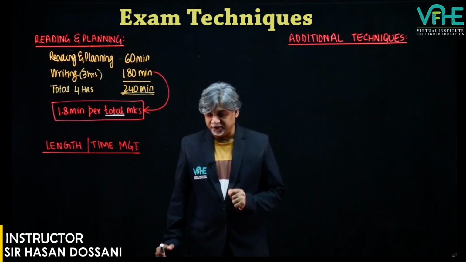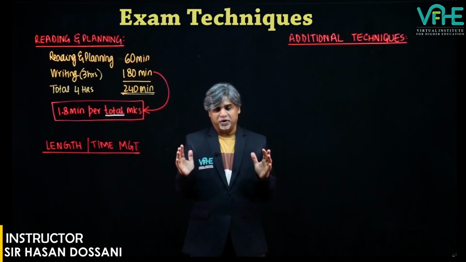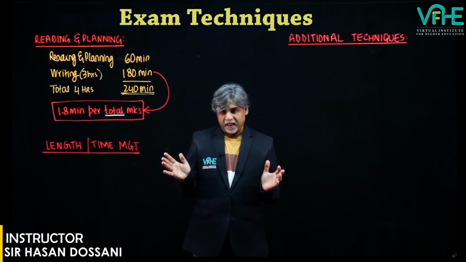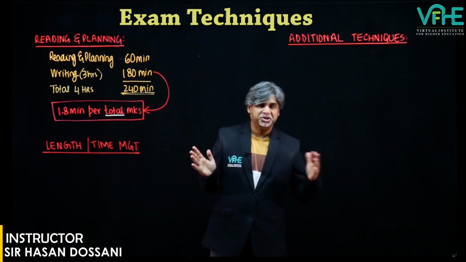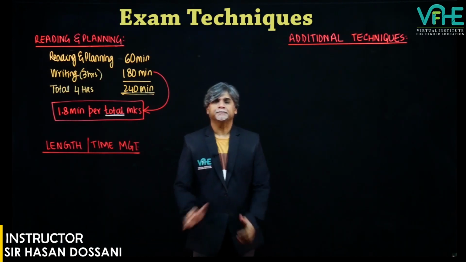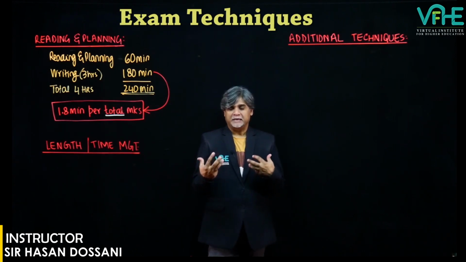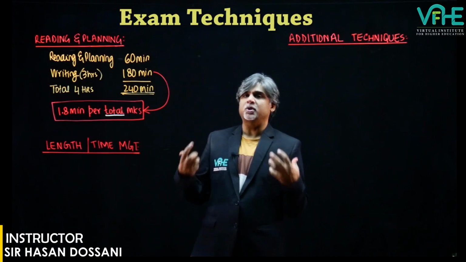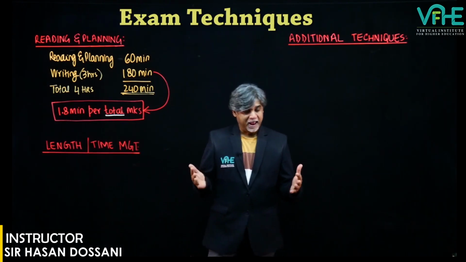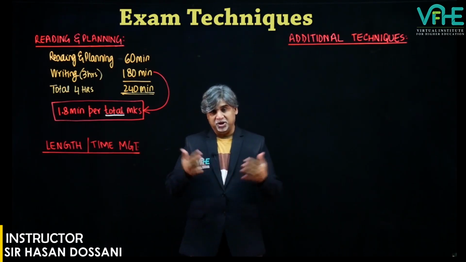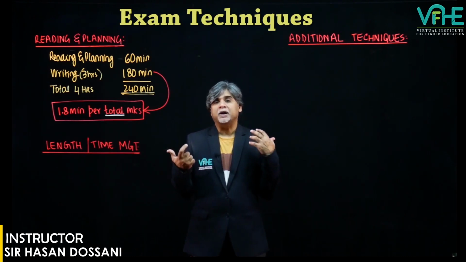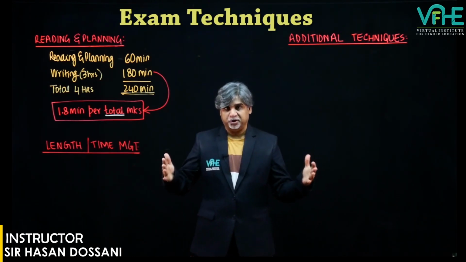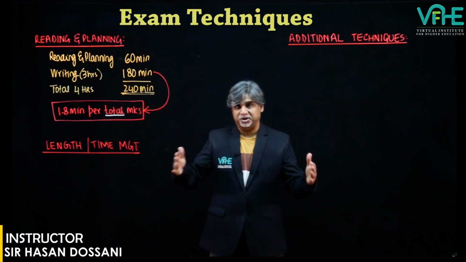Now, the big question is, what happens if your reading speed is slow and you overrun the 60-minute benchmark? Because many students I have taught, majority of them were slow in reading and planning. And sometimes in case of a lengthy case study, you are not able to finish the entire reading within 60 minutes.